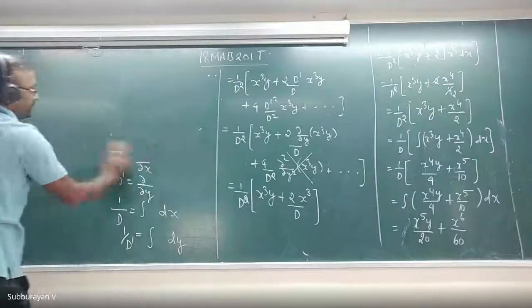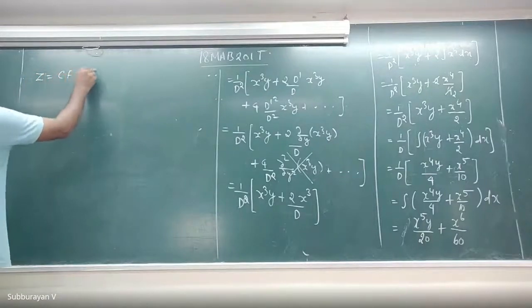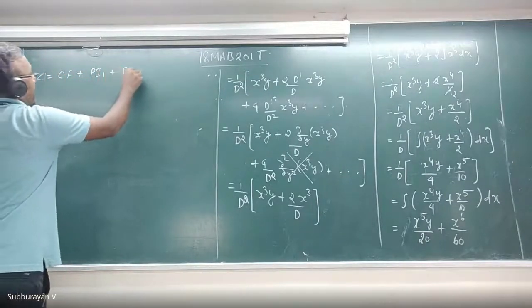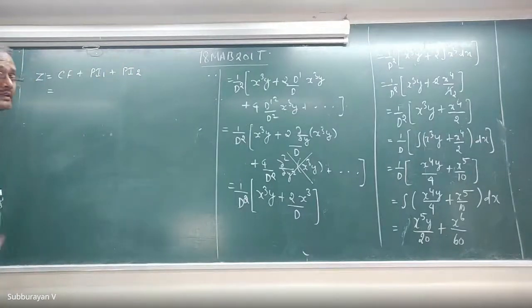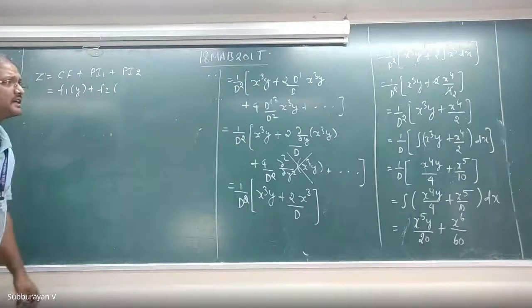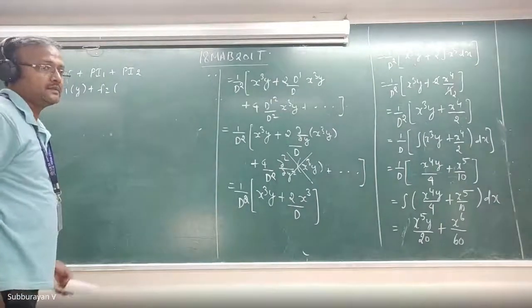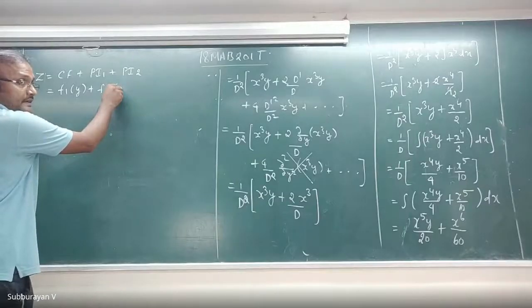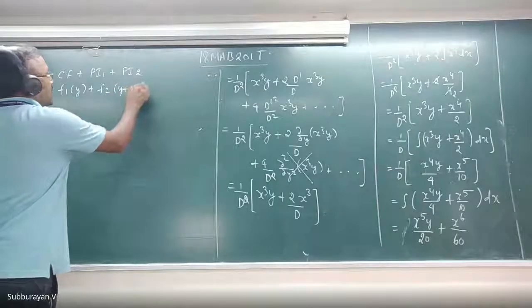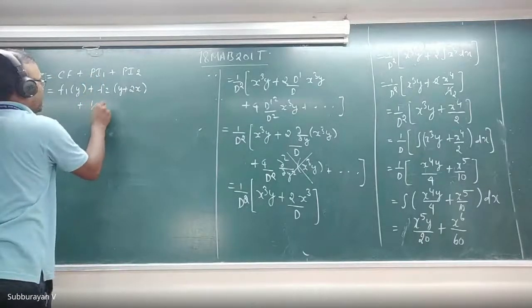The general solution is z, which is equal to the complementary function plus PI1 plus PI2. What is the complementary function? f1 of y plus f2 of y plus 2x, yes, y plus 2x, plus particular integral 1, PI1, this is 1/4 into e power 2x.